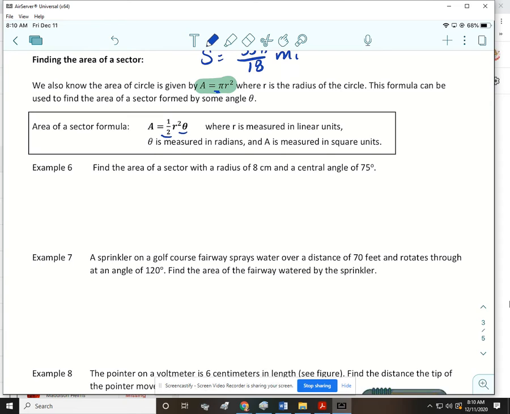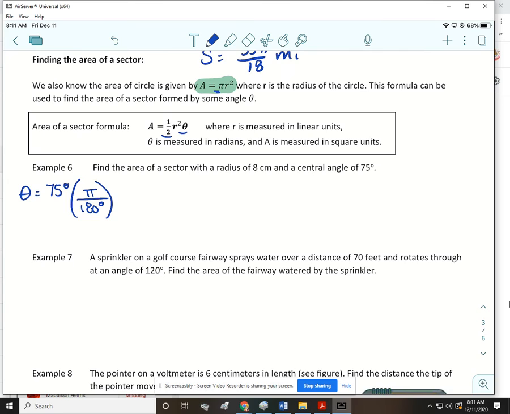Okay, so we're going to, on the first one, find the area of a sector with a radius of 8 centimeters and a central angle of 75 degrees. So again, we don't want to get degrees square feet or degrees centimeters. So we do want to make sure we change our angle to radians because radians has no unit.